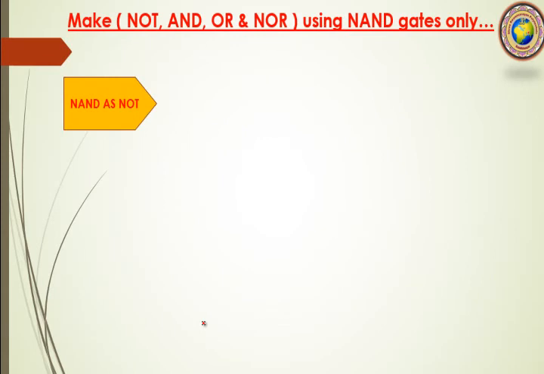So first, our gate is a NAND as a NOT. Now we know that the NOT gate is a single input gate. For the NOT gate, Y is equal to (A dot B) bar for the NAND gate.